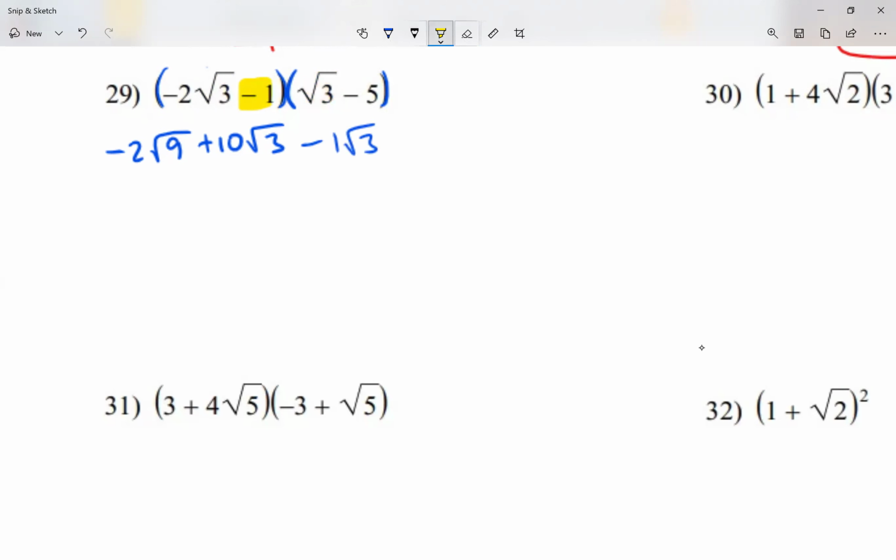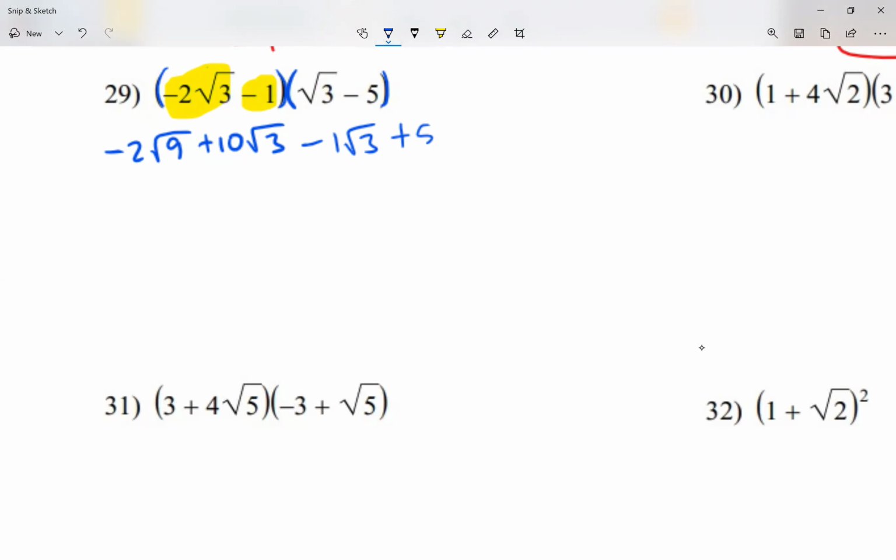And then I'm going to multiply negative 1 times negative 5. So that's going to give me positive 5. So notice how I first grabbed the first term and I distribute it to both of those. And then I look at the second term, so the negative 1, and I distribute it over here.